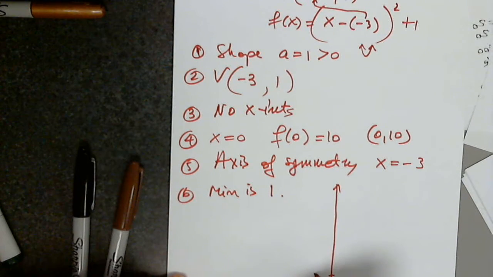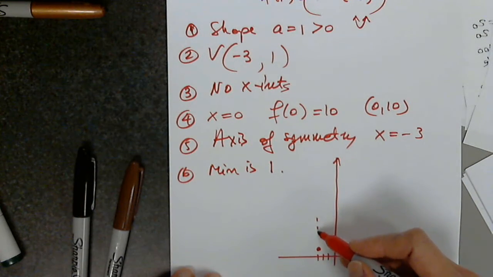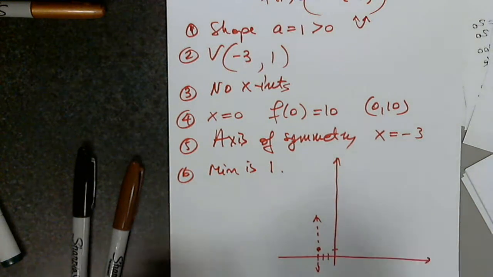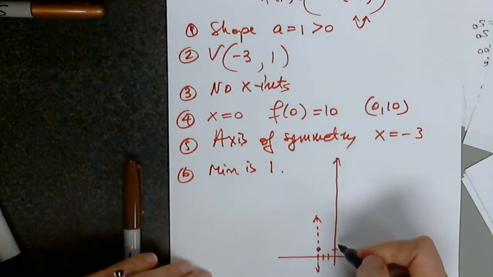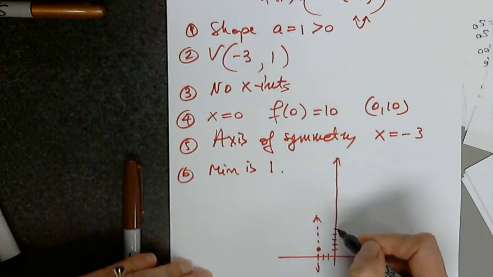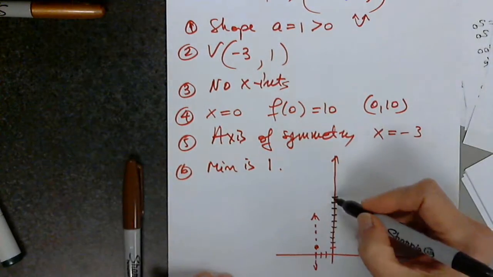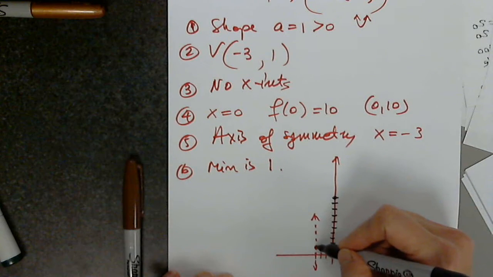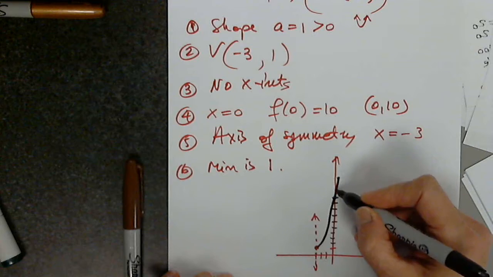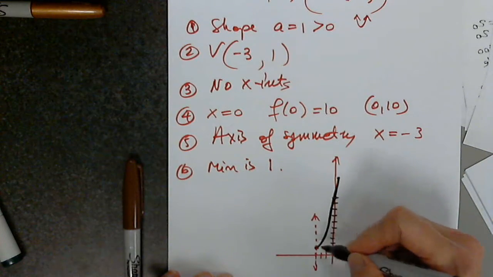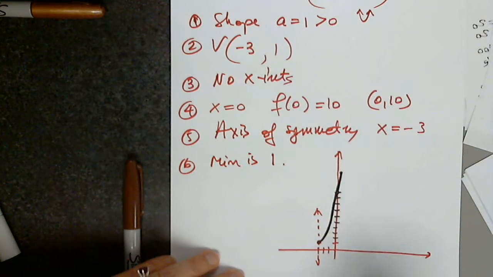Negative 3 comma 1. Here's the point. Graph the axis of symmetry. And 0 comma 10. 2, 3, 4, 5, 6, 7, 8, 9, 10. You can say, is this enough? Yes. Can you find other points? Please do so if you feel like it. So here's how I determine another point. Knowing that it has to be symmetric, right?